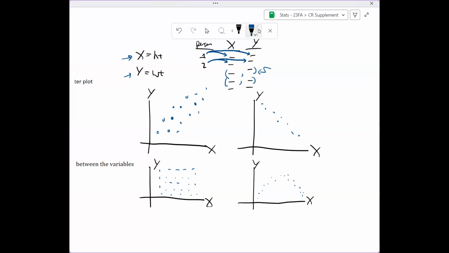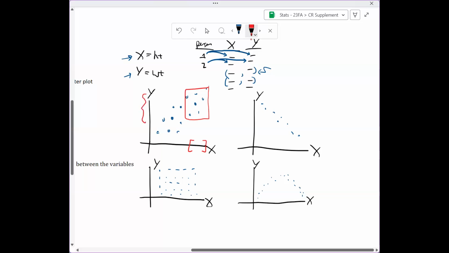So just imagine restricting myself to, say, the right side of the x-axis here. I note that the y's that I tend to get over here tend to be higher than average, right? The y results tend to be somewhere around here, and say not down there.